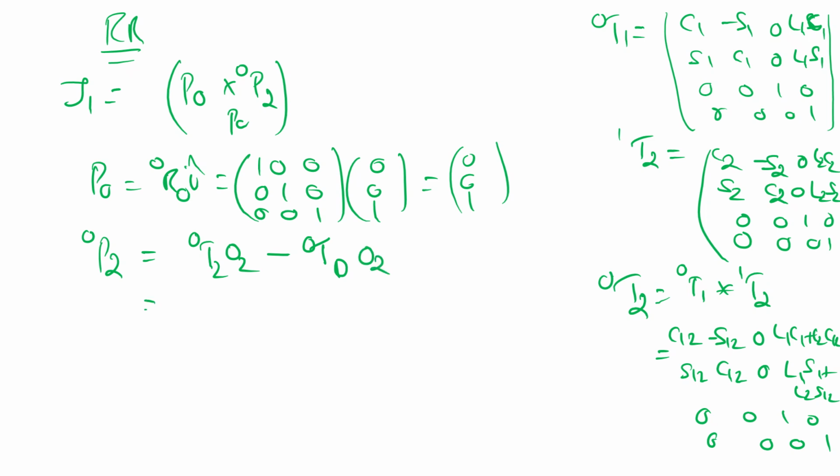So what is T2 0? This one is T2 0, with 0 0 0 1 in the last row. If you multiply this with the unit vector O1, you will get the last column. That is why we have done this.